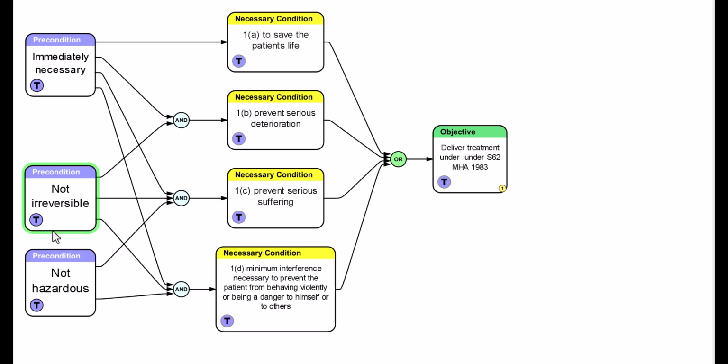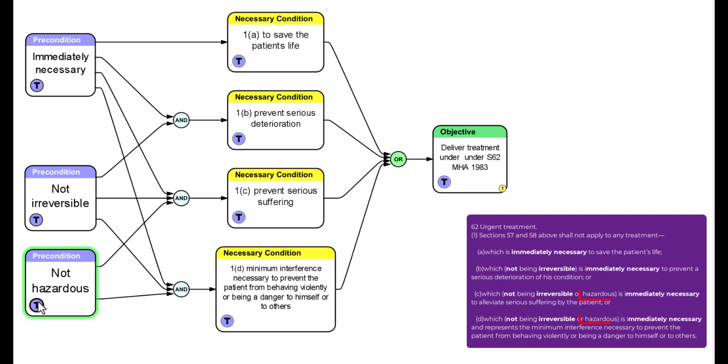But now let's say we're sure it's not irreversible, so we tick that one. What about if it was not hazardous? Yes, we get powers. But if it was not, the power is taken away.